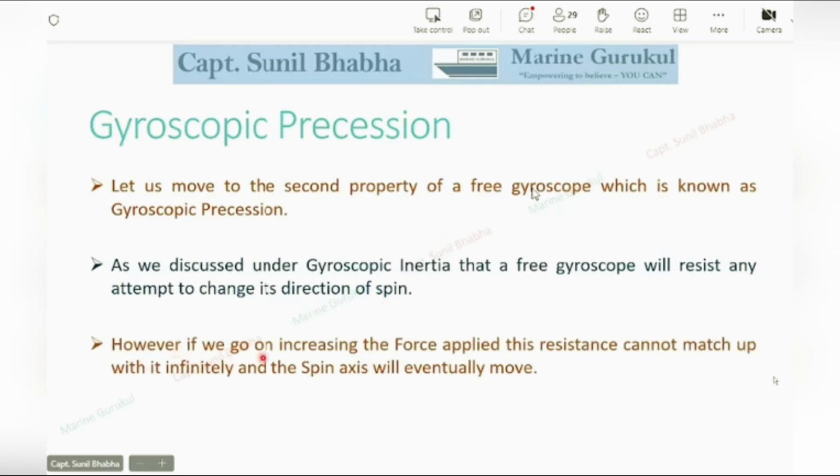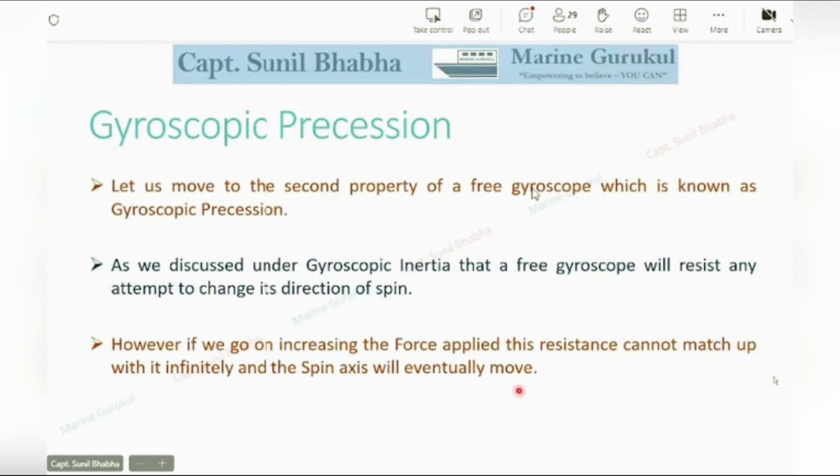However, if we go on increasing the force which is being applied, this resistance cannot match up with the applied force infinitely, and at some point of time, the spin axis will eventually move.